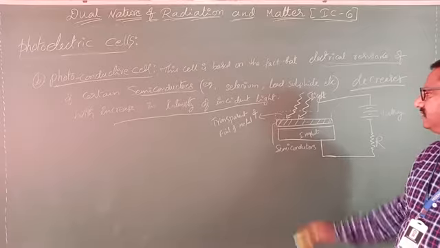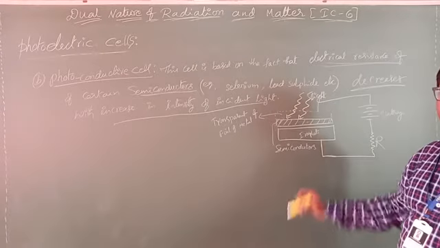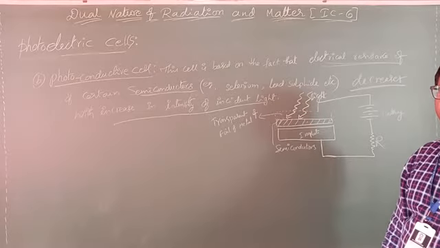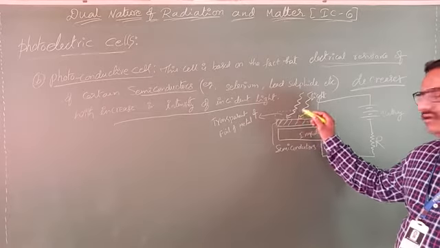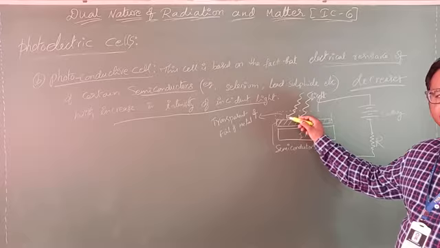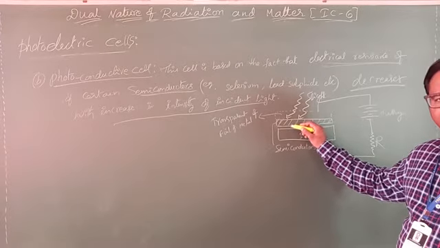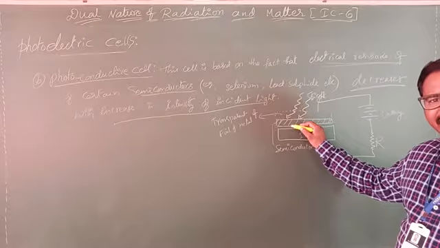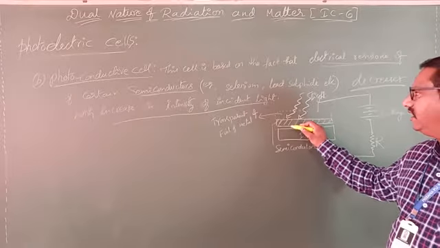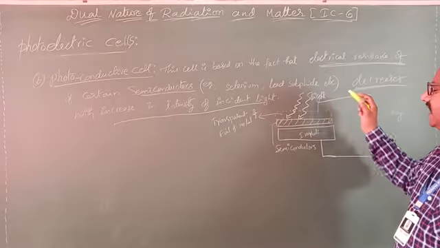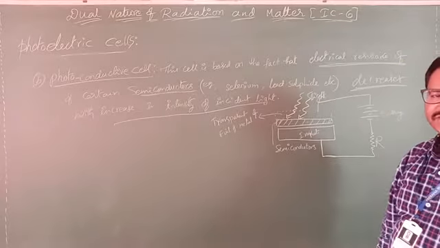Now the light will be incident upon this transparent foil of metal. Then what happens? The light falls here, the energy is received by the semiconductor, and its electrical resistance decreases.